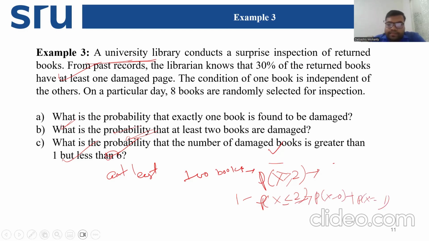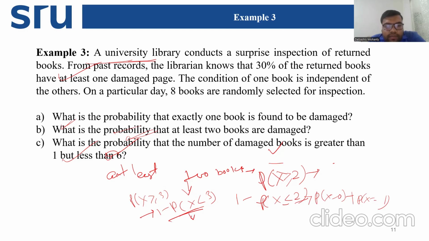Okay, students. Because we need to calculate the at least value. In case of calculating any at least value, suppose we need to calculate the probability of x greater than or equal to 3. There we will apply 1 minus probability of x less than 3.